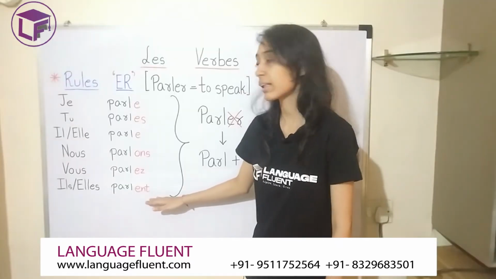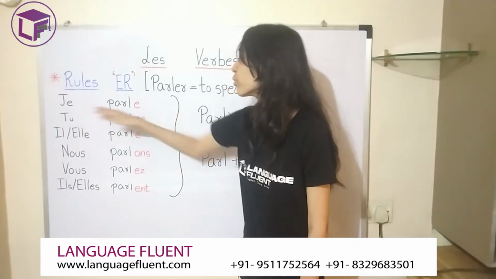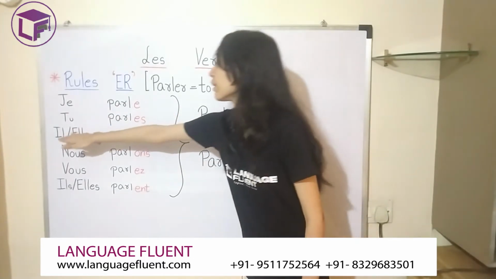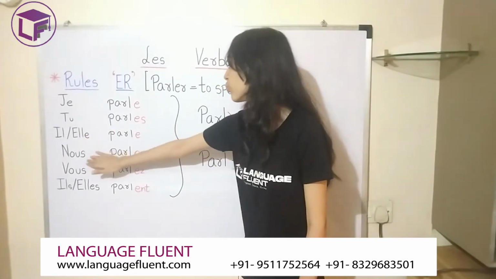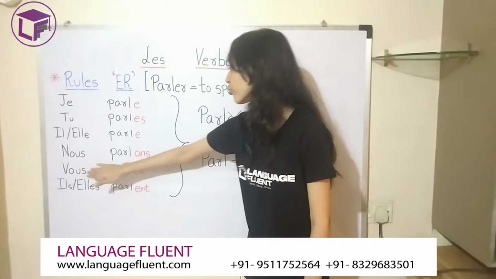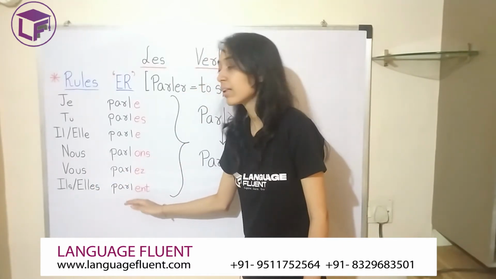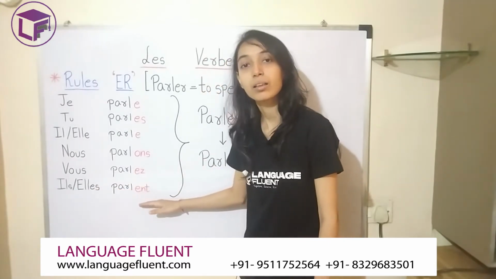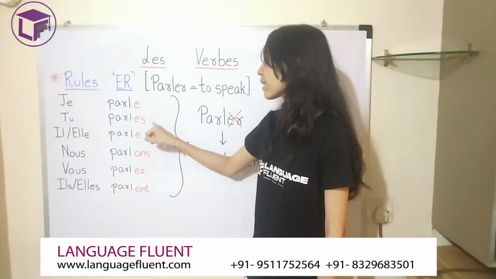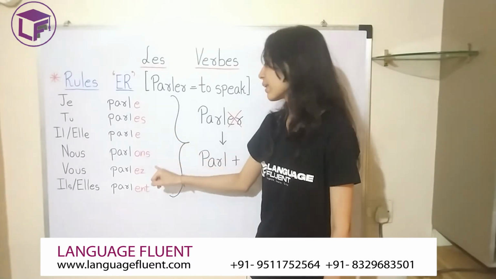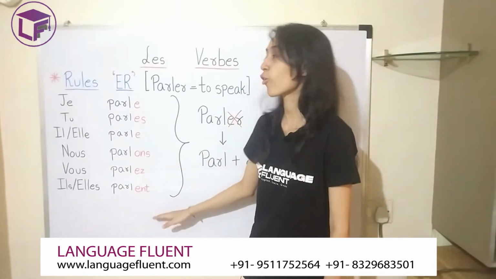So we pronounce it as je parle, tu parles, il parle, elle parle, nous parlons, vous parlez, ils parlent, elles parlent. So always remember these endings: E, ES, E, ONS, EZ, ENT, as we're gonna use these endings for regular ER group of verbs.